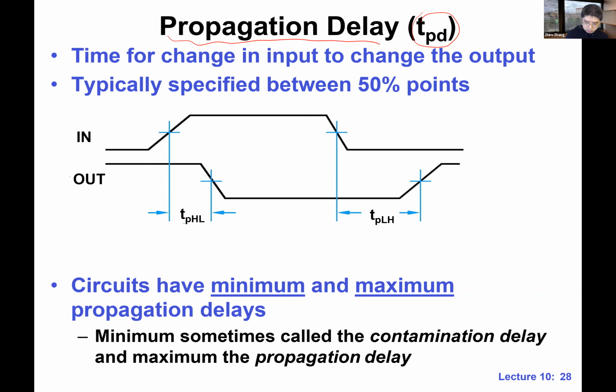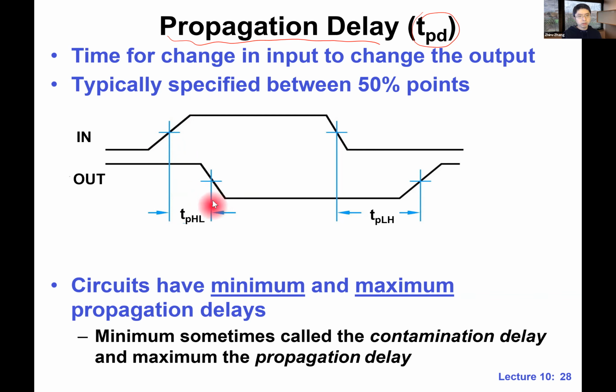If you look at the example here, the input changes from 0 to 1, assuming that's going through some kind of gate. If you look at the standard diagram, we usually look at the middle point, the 50% point of this transition. This is where the input changes, and we look at when the output responds.